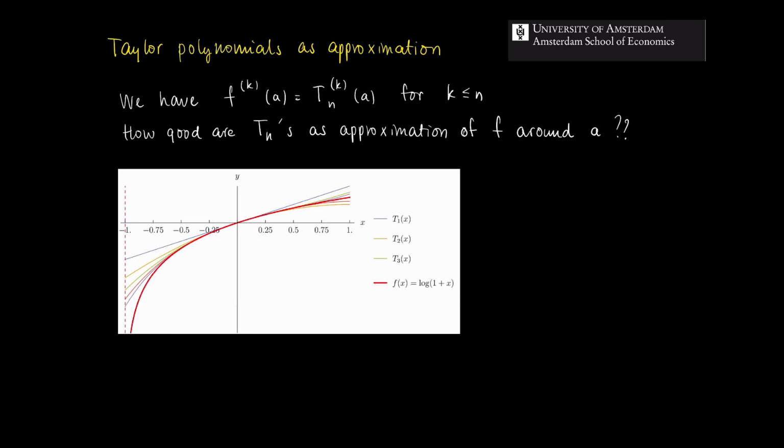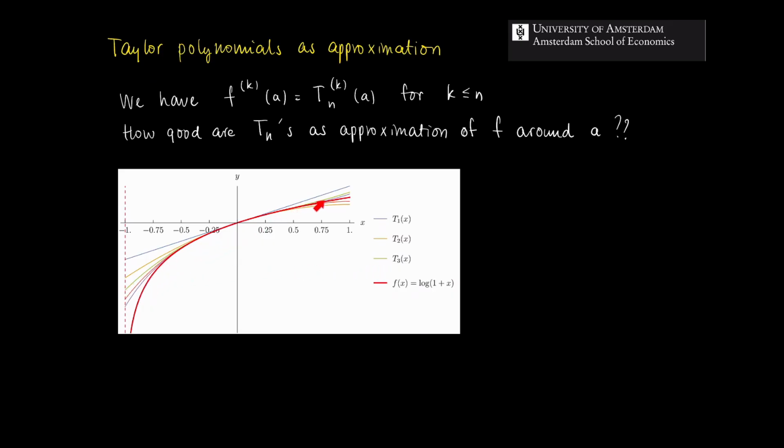Here in this picture we see the function in red. We see the graph of the function f(x) = ln(1 + x). Here we see in blue the linear approximation, and in yellow we see the quadratic approximation, T_2, and here we see the cubic approximation of the function f, T_3.